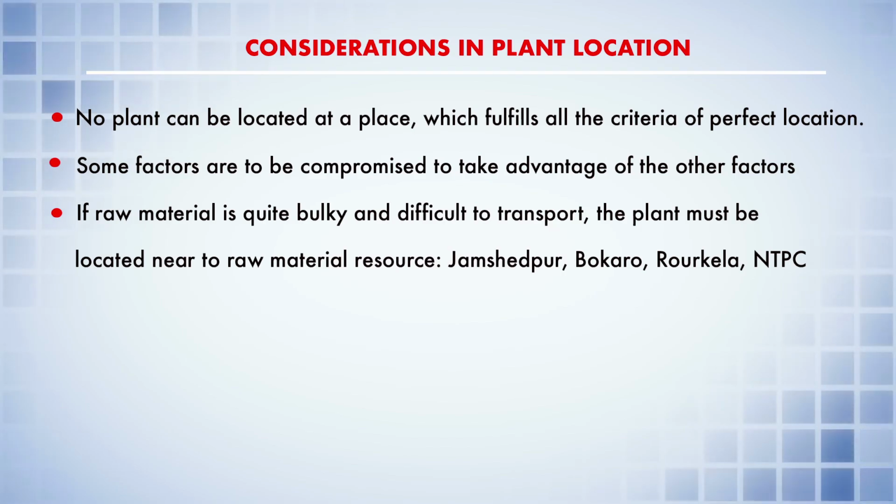For Tata Steel we need the raw iron, which comes from the iron mines. So that particular location should be near, because the raw material is bulky and the final product after certain processes is not so bulky.